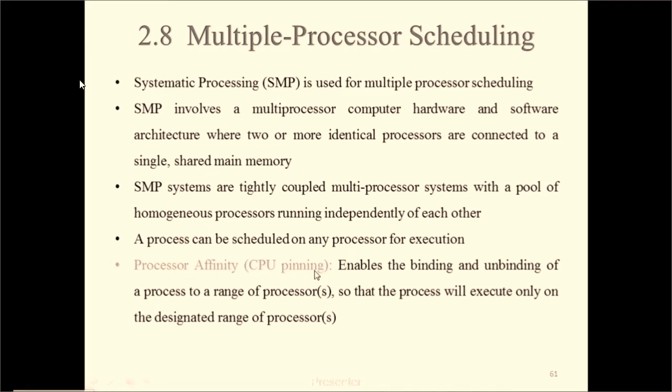So a process is getting pinned to a CPU. This enables the binding and unbinding of a process to a range of processors. This range might include 1, 2, as many as the system has, so that the process will execute only on the designated range of processors. That is called CPU pinning or processor affinity.